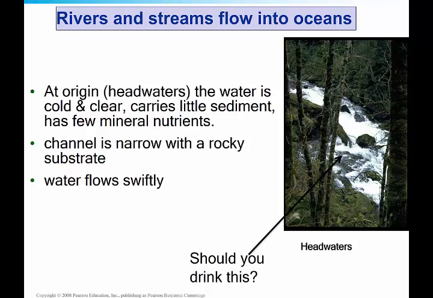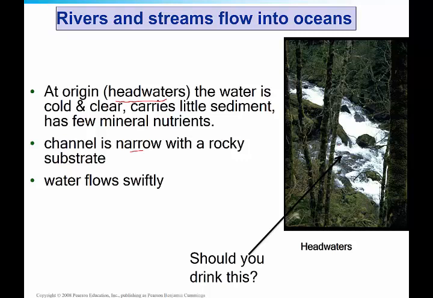And at the beginning of the river, which is called the headwaters, the water is usually very cold and very clear. There's very little sediment in it, and it has very few minerals. Usually the water is flowing through a very narrow channel with a very rocky bottom, and it flows very swiftly.